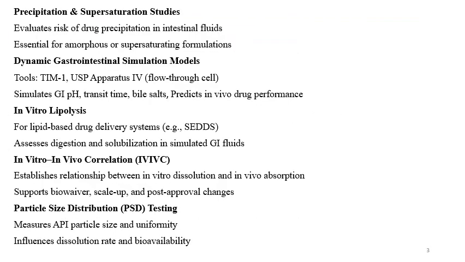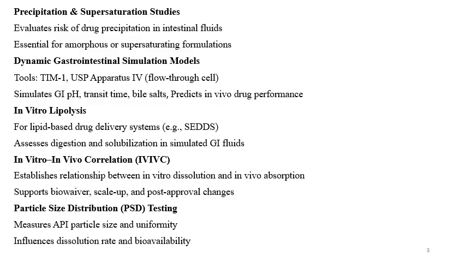Precipitation and supersaturation studies are there, which can evaluate the risk of drug precipitation in the intestinal fluids. These are generally considered essential for amorphous formulations and for supersaturating formulations. Dynamic gastrointestinal simulation models can be used as a tool to demonstrate the equivalency.